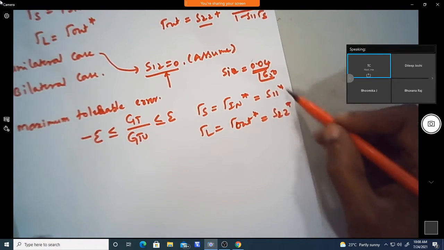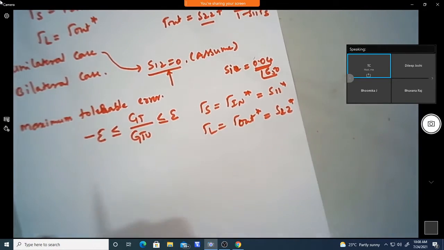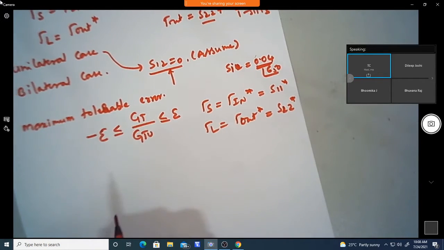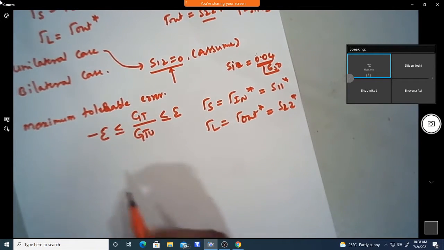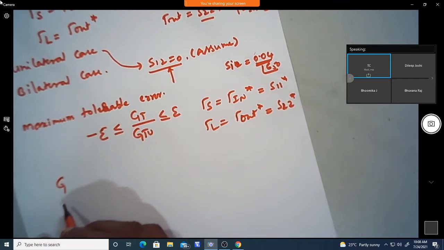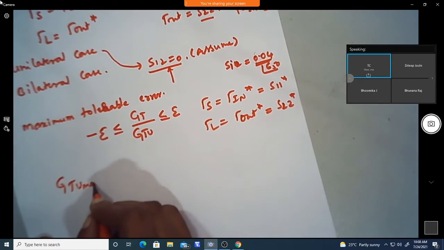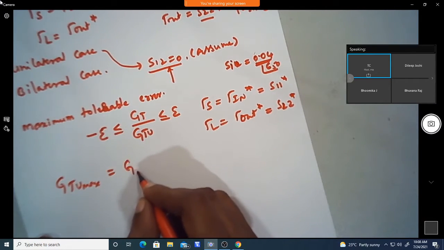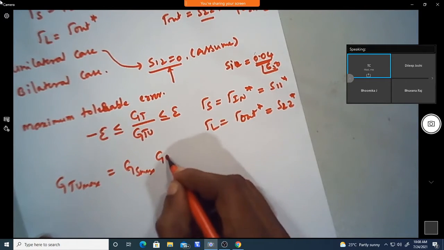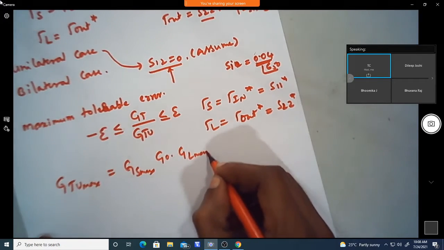Once we know the S parameters, we can get the error and also the maximum gain. So for this unilateral case, we can get the maximum transducer gain, which is nothing but GS max, G naught and GL max.